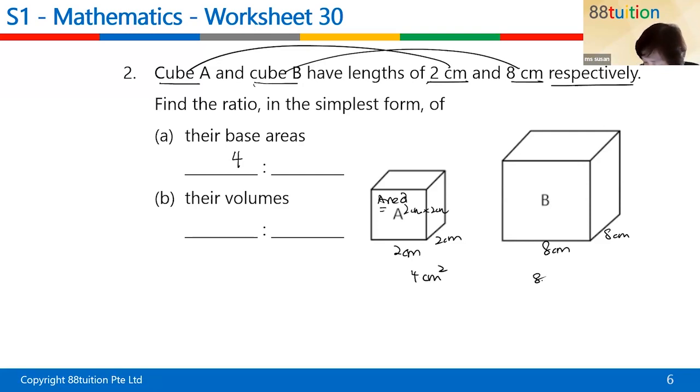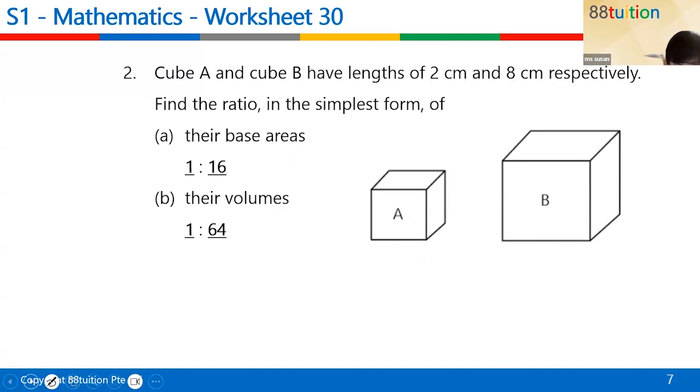How about here? 8 by 8, sorry, it's the area, so 64. So your ratio is 4:64. You must change it to the simplest form, which will be 1:16. You need to write the simplest form they are asking for.